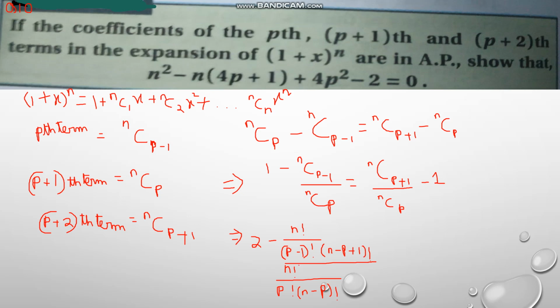So this n factorial gets cancelled. (p minus 1) factorial gets cancelled with p factorial, leaving p as the quotient, and the other factorials cancel, leaving n minus p plus 1 as the quotient.